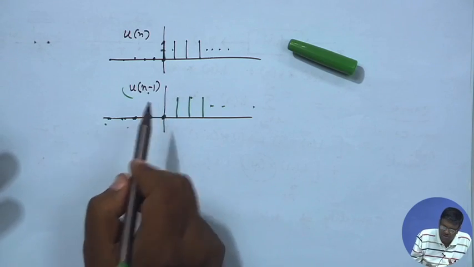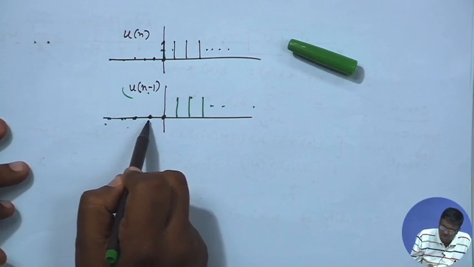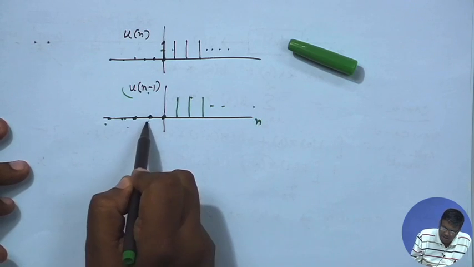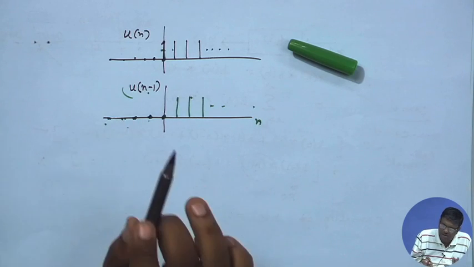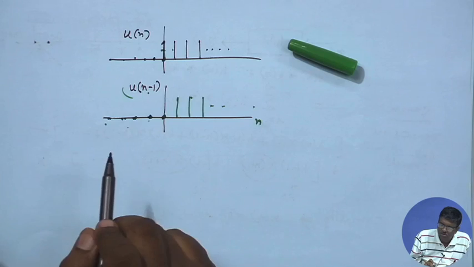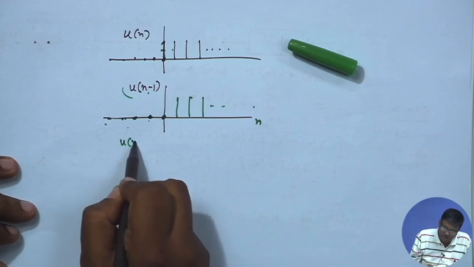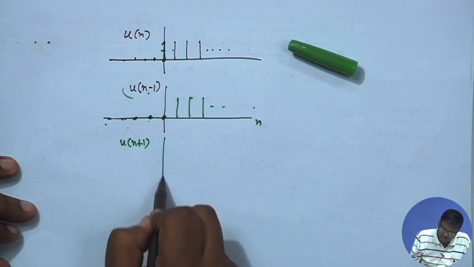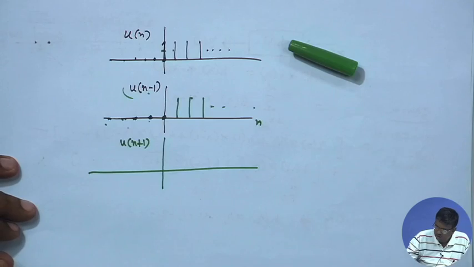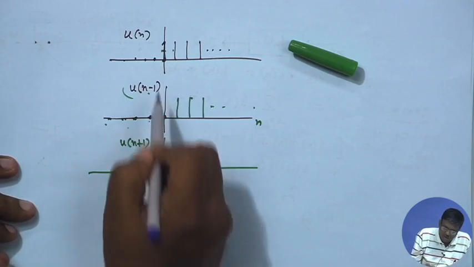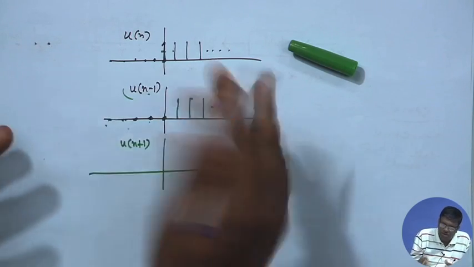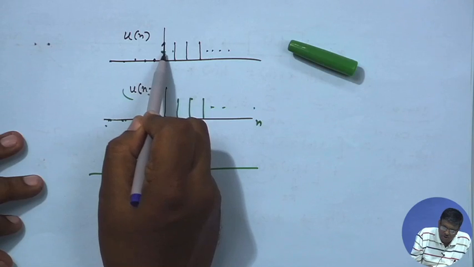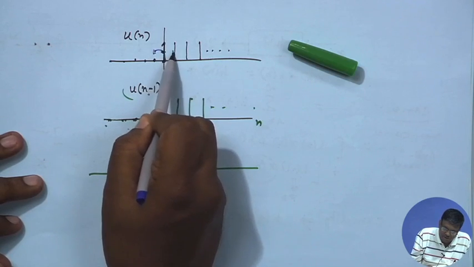This 0 does not matter, the only consideration is for n minus 1, n minus 2, n minus 3 like that, it should be 0. But how about u[n plus 1]? Here it is advanced, shifted by minus 1. So, this one will come to the left, this one will come to the left.